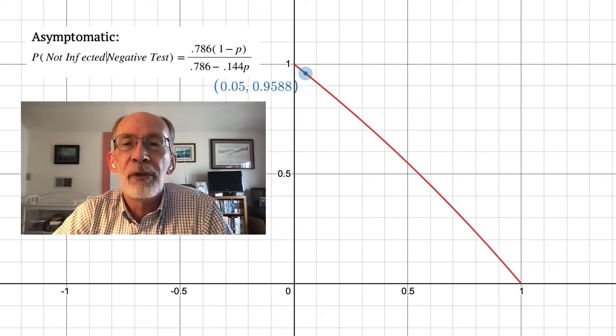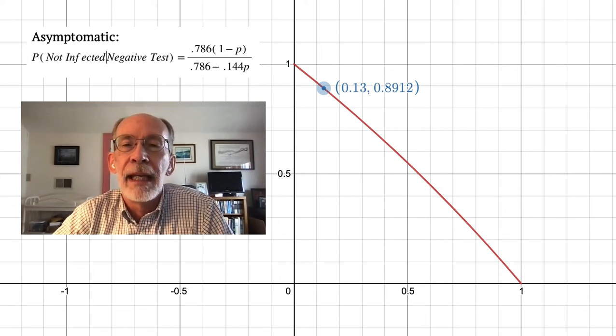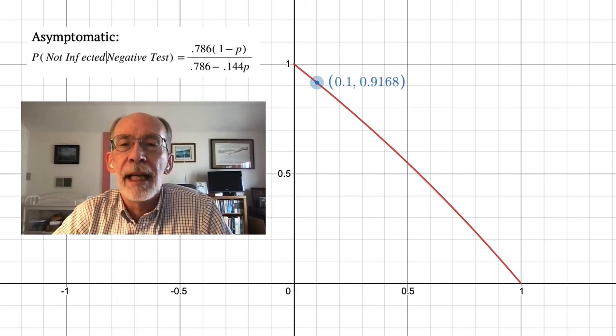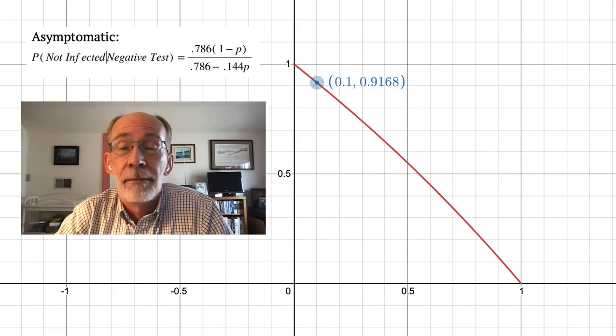And so this would seem to me, as a layperson, to be the real value of the test. As we spend our time over here near 0.01, our probability of being uninfected, given that we test negative, is pretty high for any reasonable assumption about the fraction of the population that is infected.